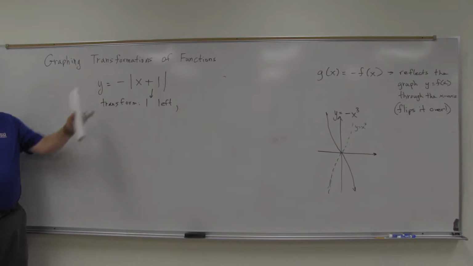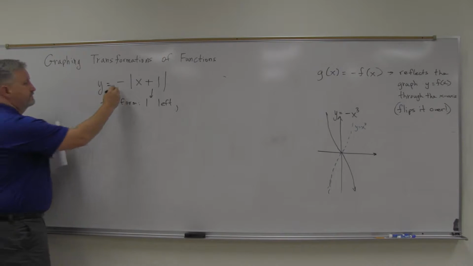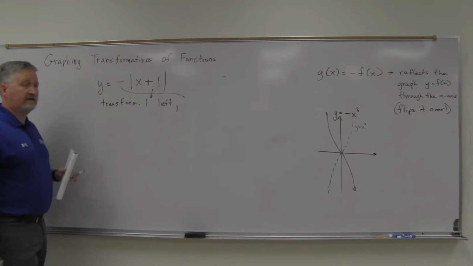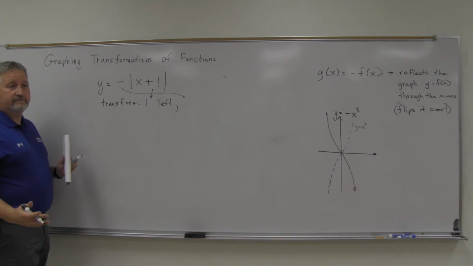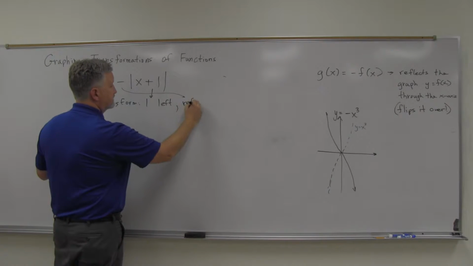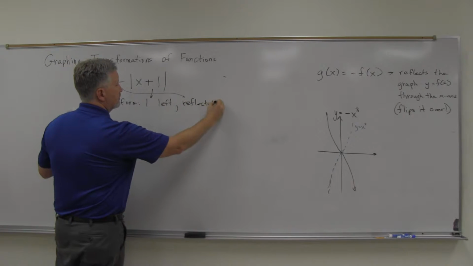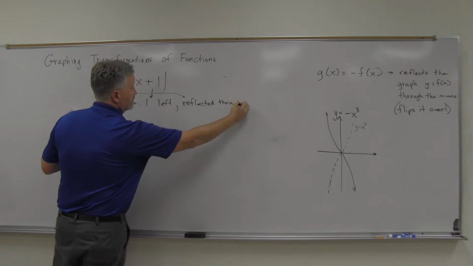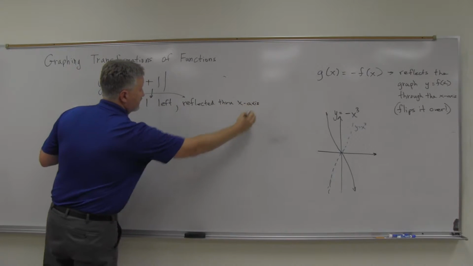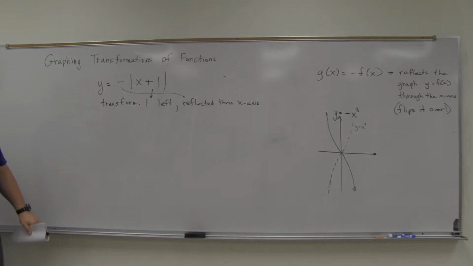And then we do the negative. And then the negative flips it, right? Reflects through the x-axis. It's a flip. So we're going to move it one to the left and then flip it over.